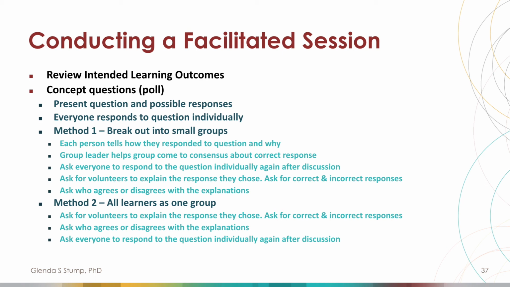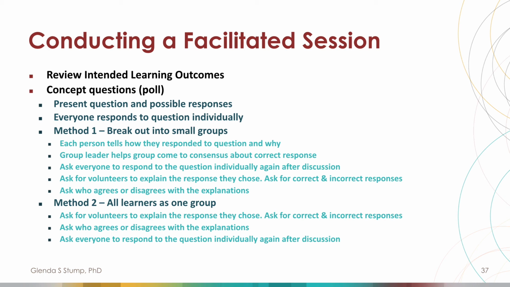Everybody responds to the question individually, but then we ask for volunteers to explain the response they chose within the larger group. And again, we ask for explanations for correct and incorrect responses. We use the same techniques, asking who agrees or disagrees with the explanations. And then we ask everyone to respond to the question individually, again, after this discussion.